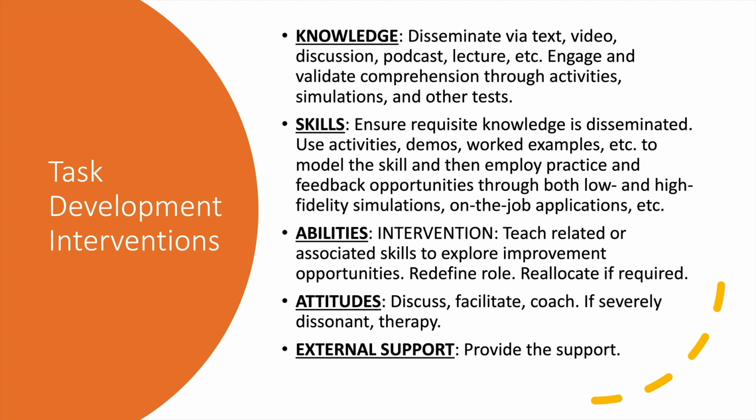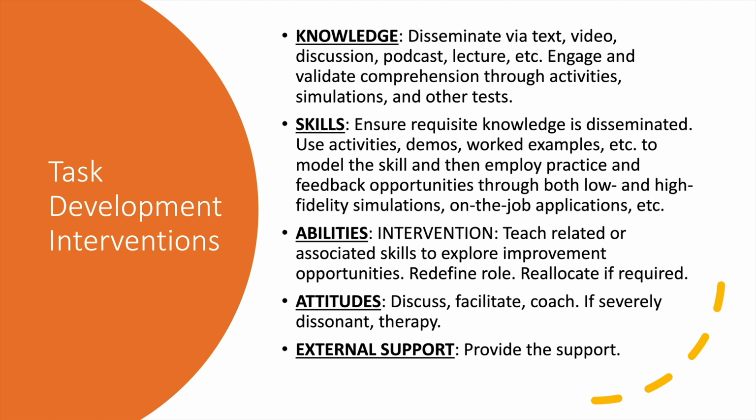But from an interventionist perspective, for knowledge, if we have a knowledge gap, use text, use video. This is content dissemination. You can actually test and evaluate comprehension through different activities like simulations, or I urge you to refer to Patty Shank's work on multiple choice testing and so forth.